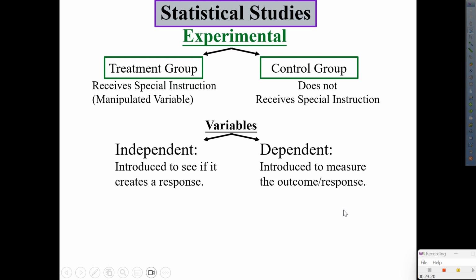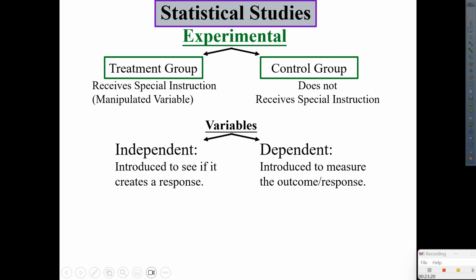What does that mean, Mr. Q? That means this. This is the first time I'm going to talk about this one, so pay attention. So once again, the independent was the radar gun and the poster. It creates a response. Dependent is when I finish my day of observing with a radar gun, I put together a Google Doc, a survey, and I send it out to the residents of Imperial and ask them, have you noticed that the traffic from Broken Yoke to Imperial has slowed down a bit?